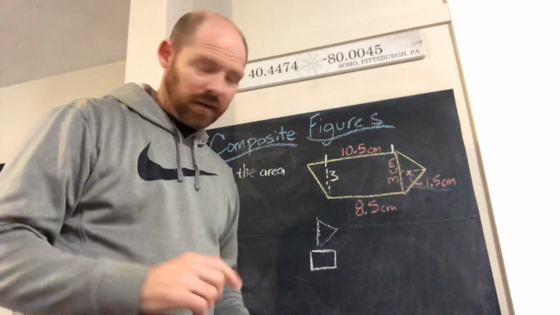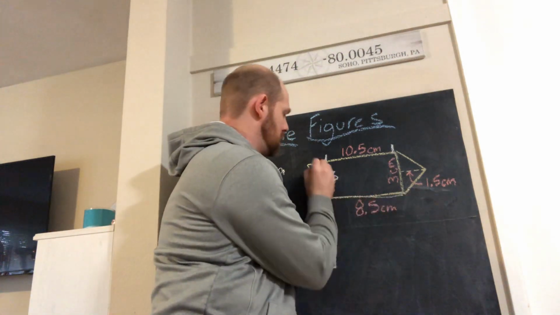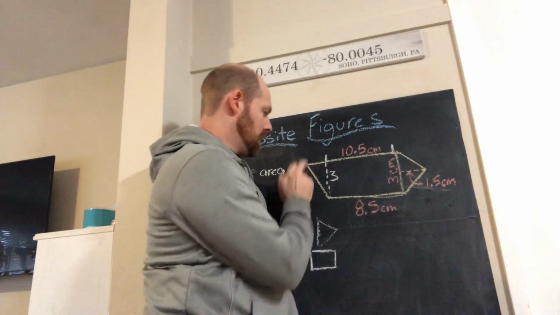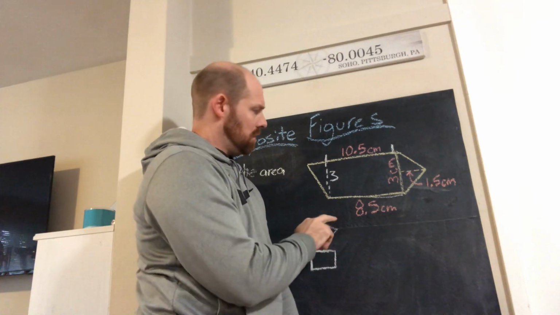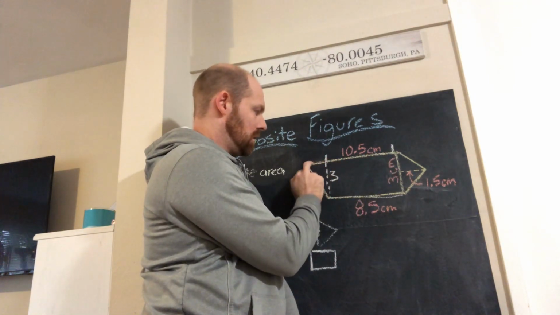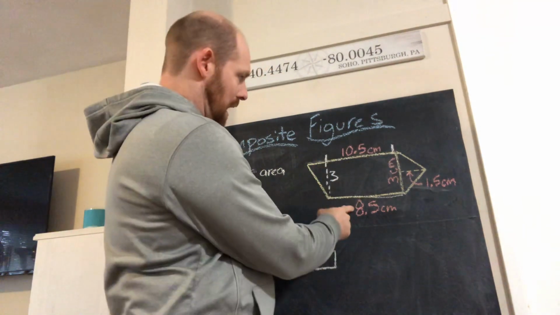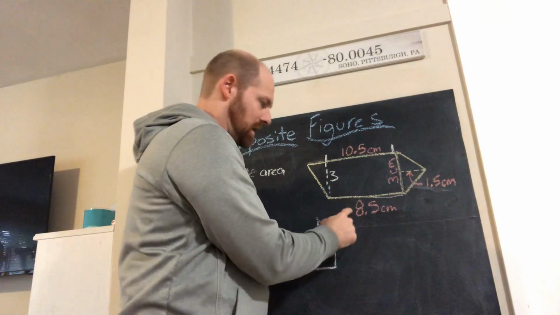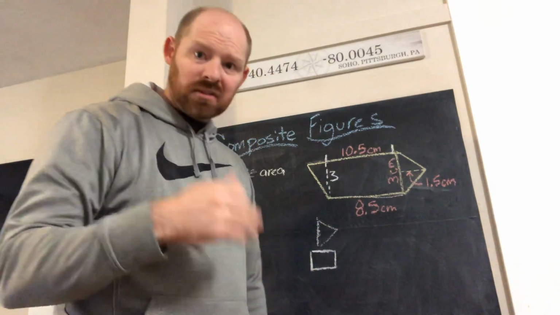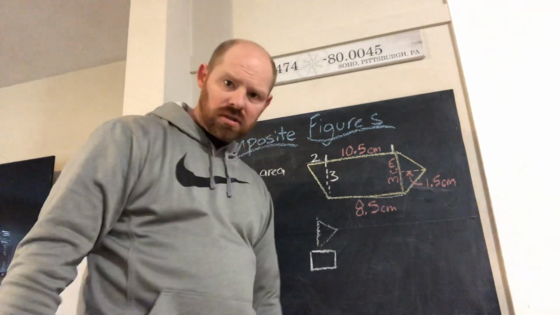But I can tell you right now that the difference of these two lines is the length of that. If this is 8.5, what does this have to equal for this whole thing to be 10.5? Well, I can just figure that out by doing 10.5 minus 8.5, and that is 2. So I know that the base of that triangle is 2.